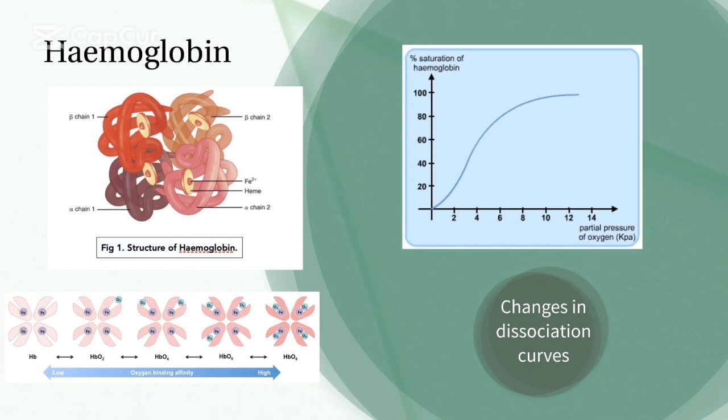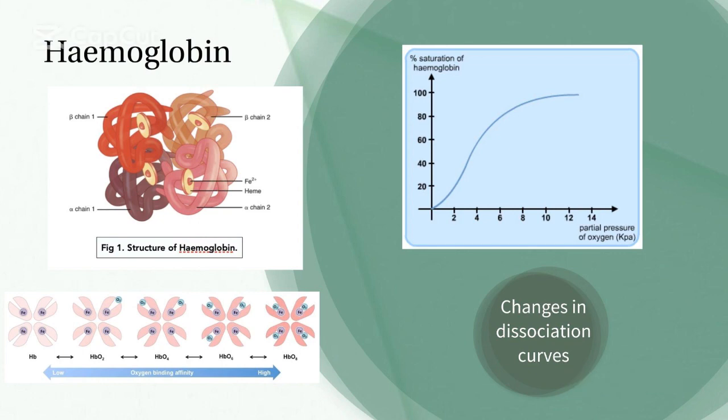Then you decrease the affinity of hemoglobin for oxygen, and then oxygen is released in respiring tissues where it's needed. After that unloading process, the hemoglobin is then able to go back to the lungs and pick up more oxygen. So the way that we illustrate these changes in hemoglobin and partial pressure is via a graph called a dissociation curve.